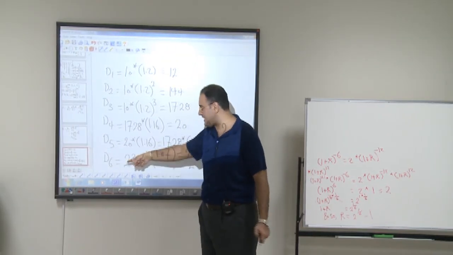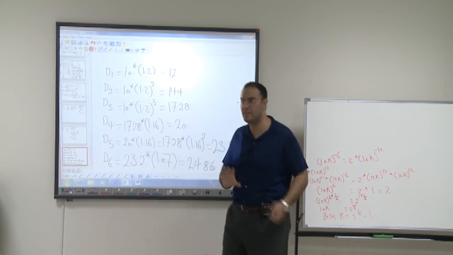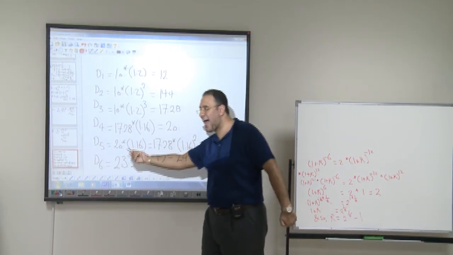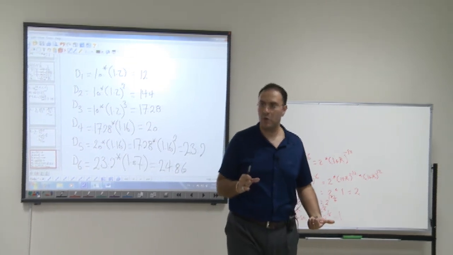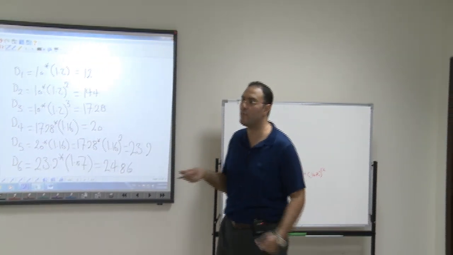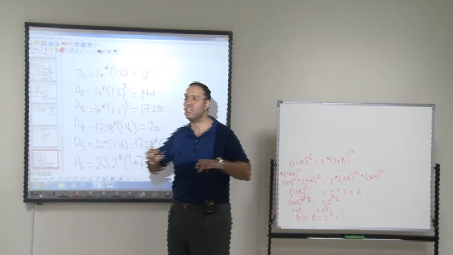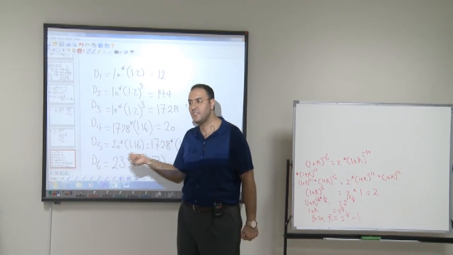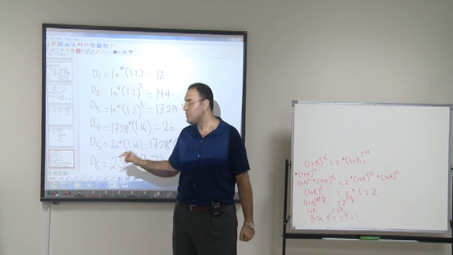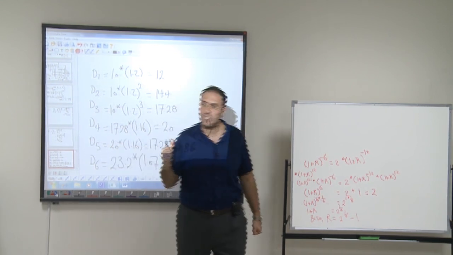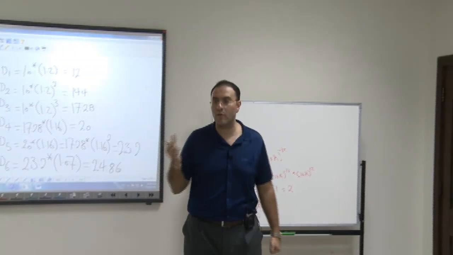So starting D6, G is constant. So we can do P5 based on Gordon growth, from Gordon growth.